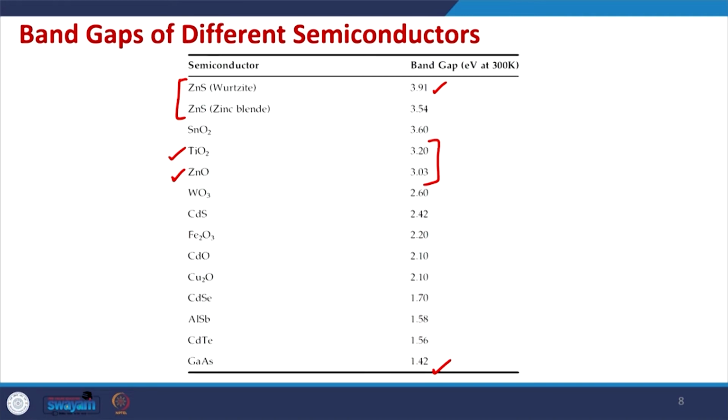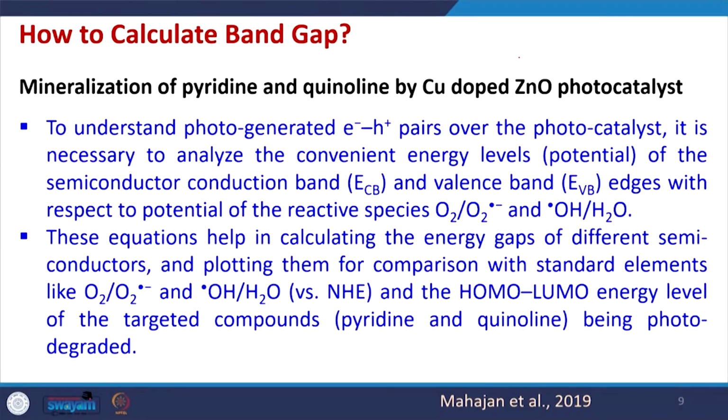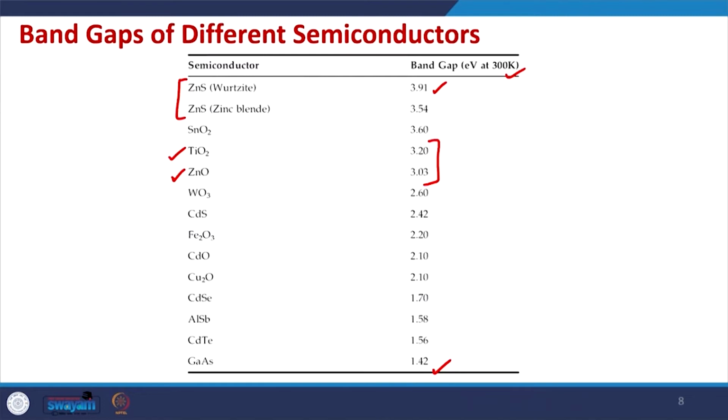How do we calculate the band gap of any new semiconductor material or any new photocatalyst we synthesize? In this example, mineralization of pyridine and quinoline by copper doped zinc oxide photocatalyst is given. People are working to use different types of photocatalyst and to reduce the band gap.